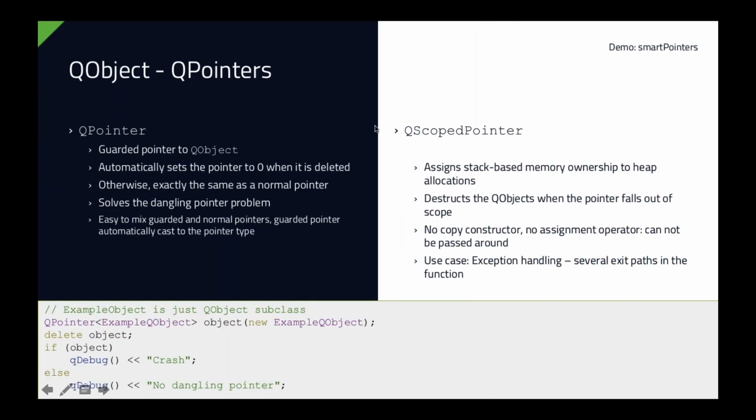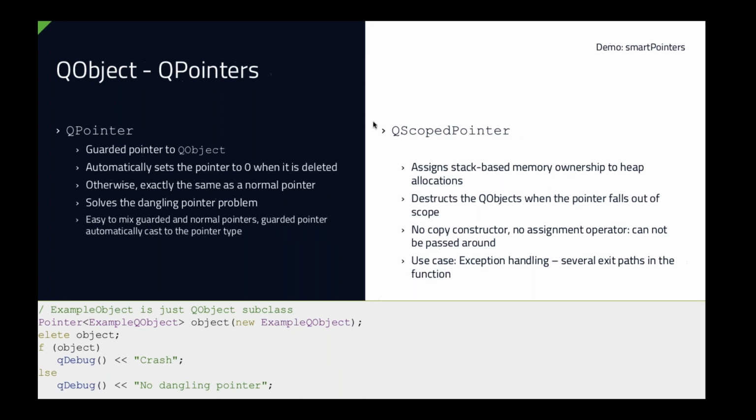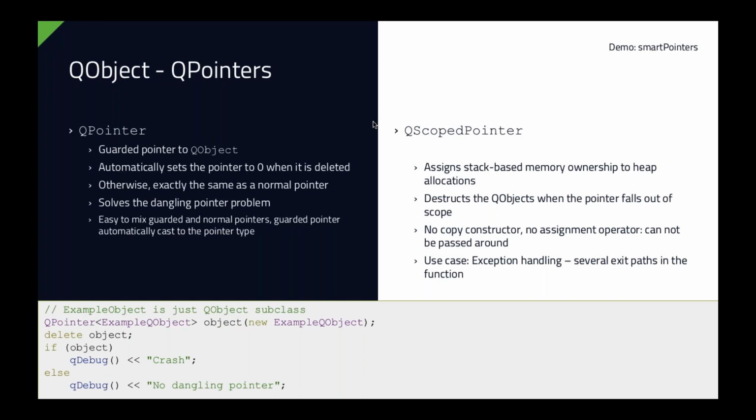Similar to that, we have a QScopedPointer. What the QScopedPointer does, to put it in technical terms, is assign stack-based memory ownership to heap allocations, or in other words, it calls the destructor on the QObject when that pointer falls out of scope. So you would use it in the same way as you would use a QPointer, but when it comes out of scope, it's deleted automatically.